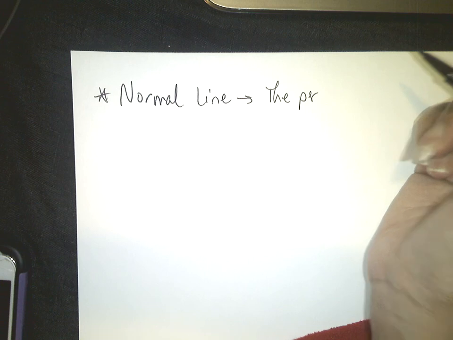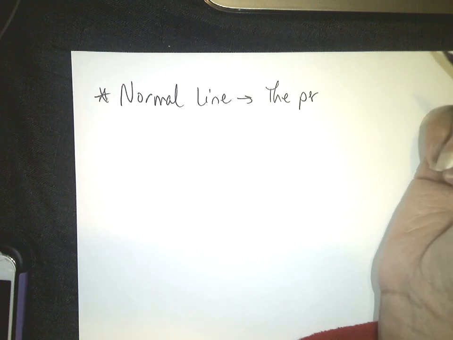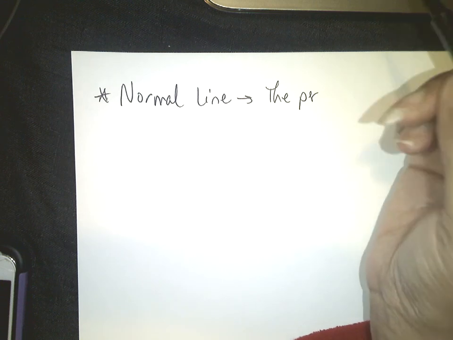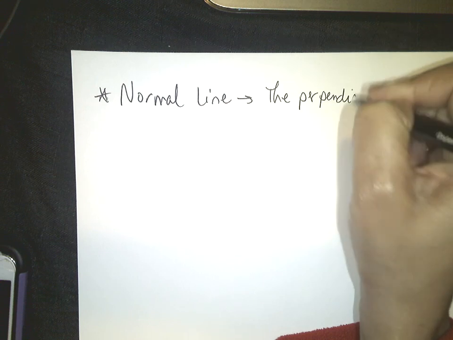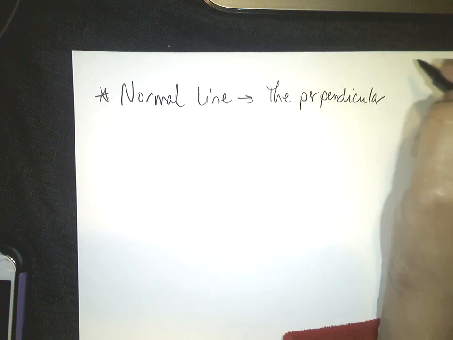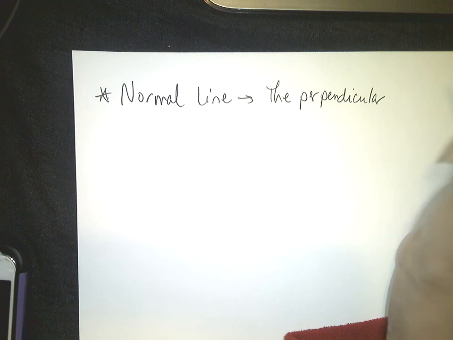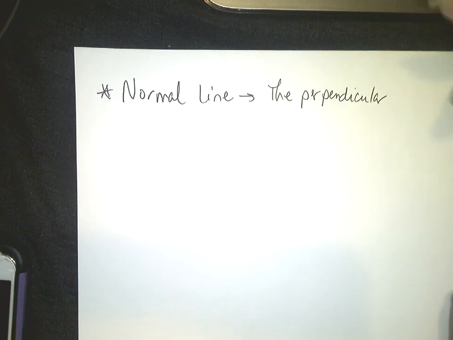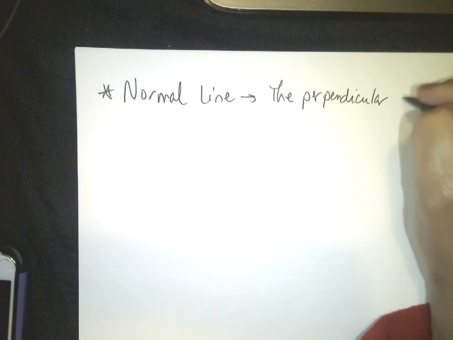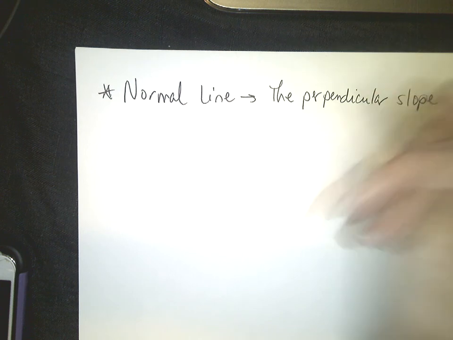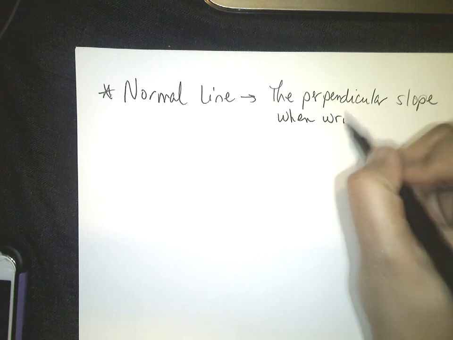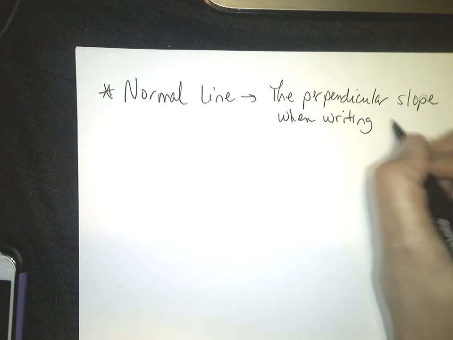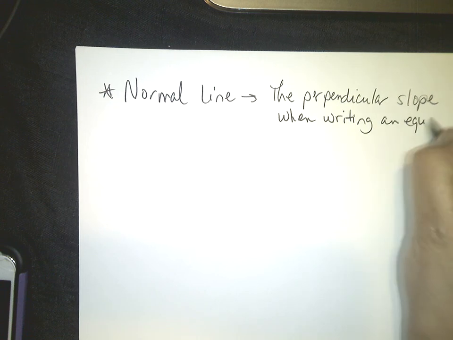So parallel is called tangent in calculus, and the perpendicular slope is called the normal line. So it's the perpendicular slope when writing an equation.